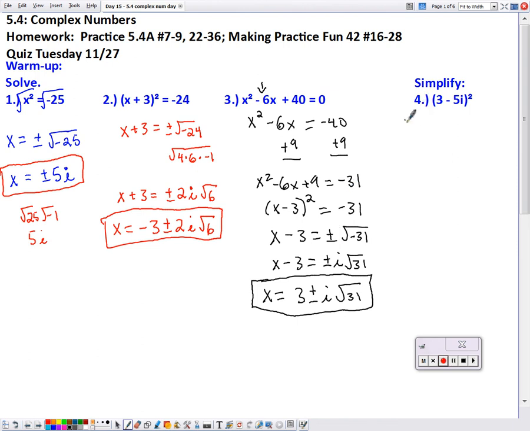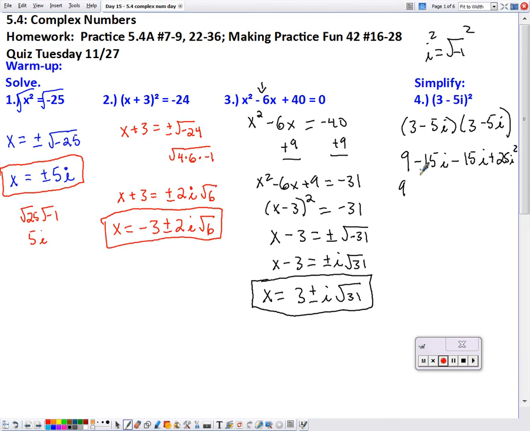Number 4 is just asking us to multiply. We want to remember that we need to write the binomial twice because we're multiplying it by itself. 3 times 3 gives us 9. Then we've got negative 15i, another negative 15i, and then plus 25i squared. Well, i squared, since i is defined as the square root of negative 1, if we square both sides, the square and the square root cancel out.